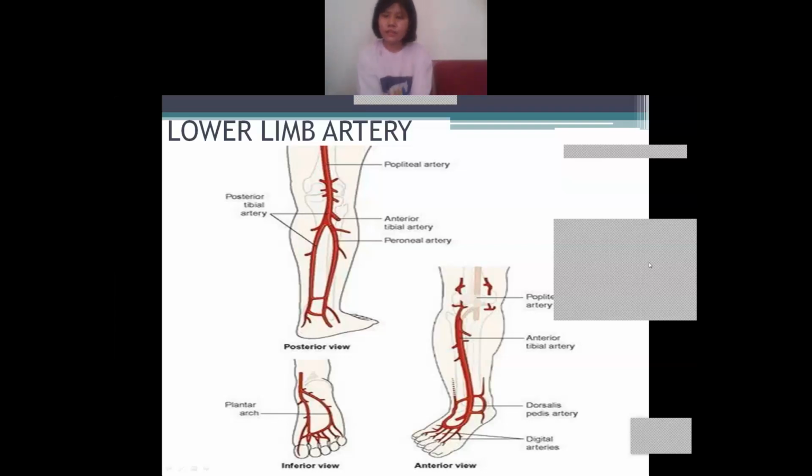What is the name of that artery? In the upper limb vessel, you will find that artery. So, what is the name of that artery?